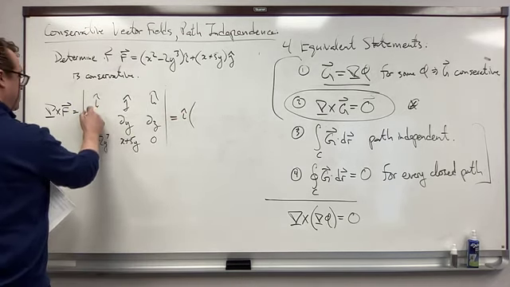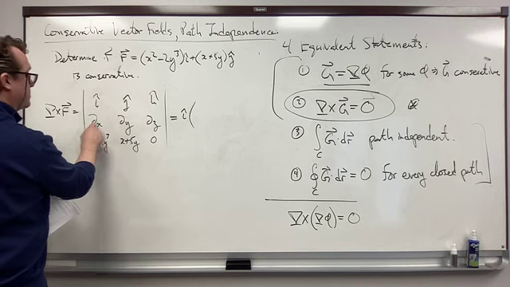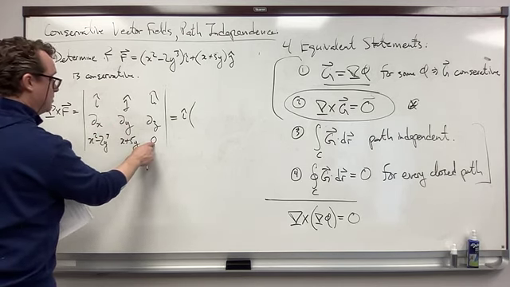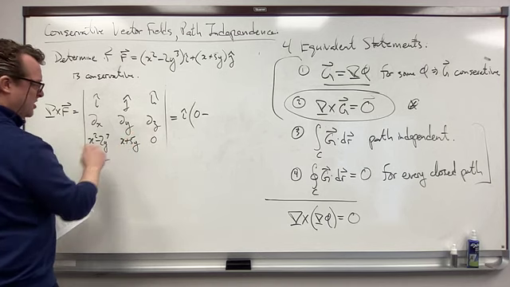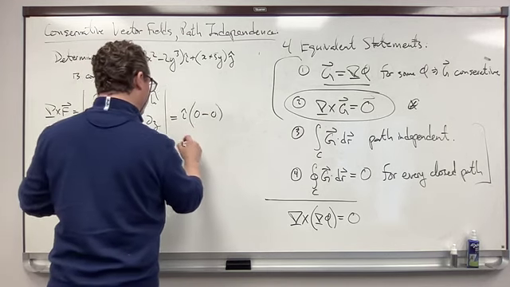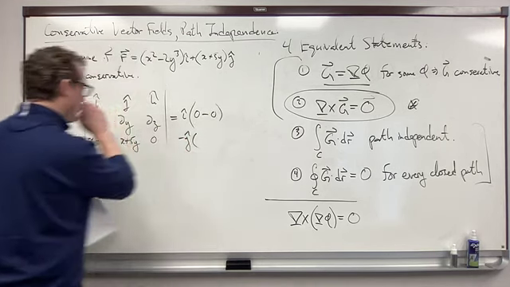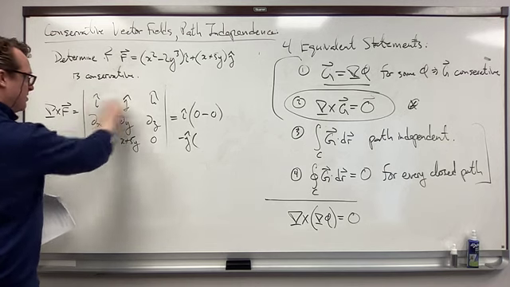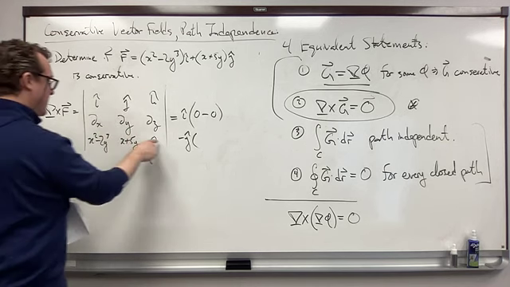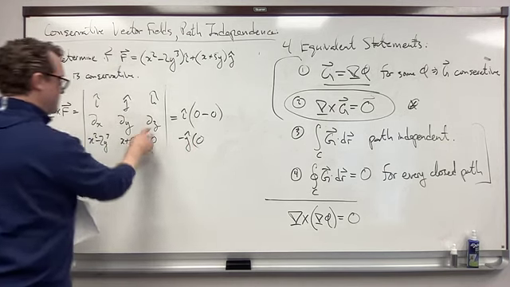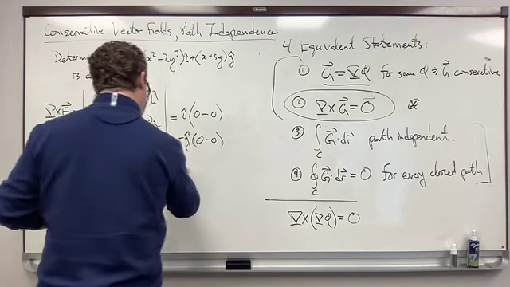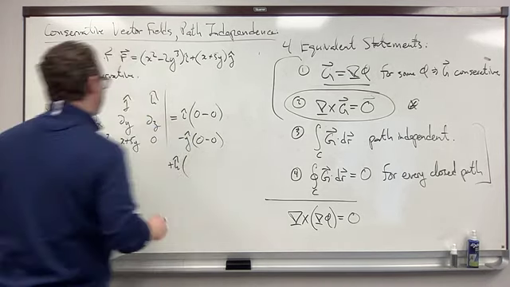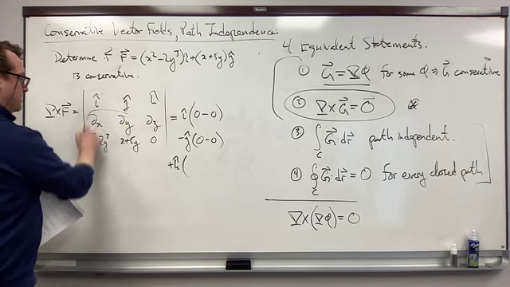So we go to i, so we go ∂ by ∂y of 0, that's 0, minus ∂ by ∂z of this function of x and y, which is also 0. Then I do j, so I take away this row and this column, and I go ∂ by ∂x of 0, that's 0, ∂ by ∂z of this function of x and y is 0. Then I finally get to k, so now I take what's left here.